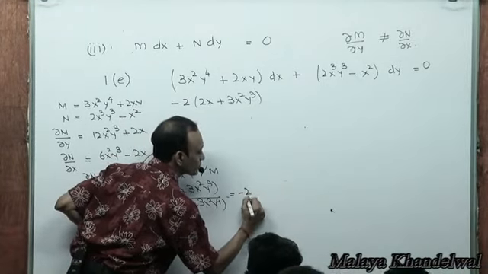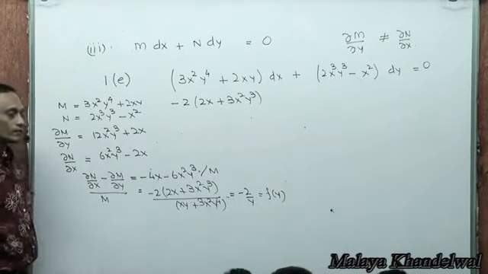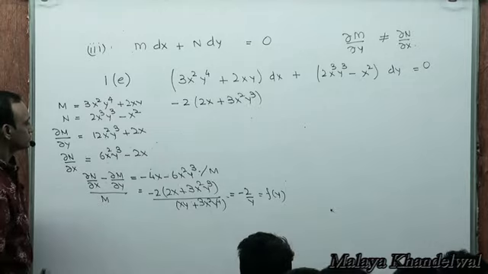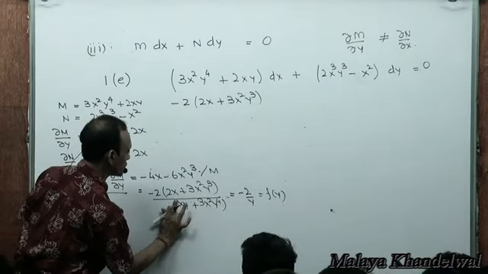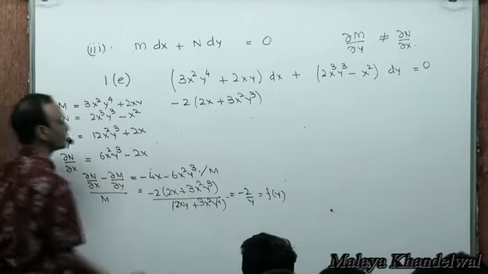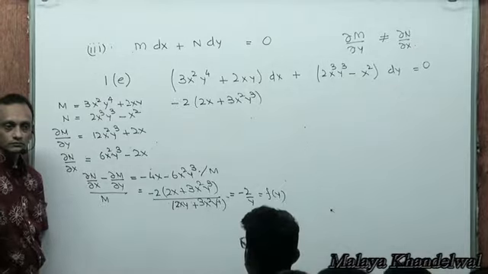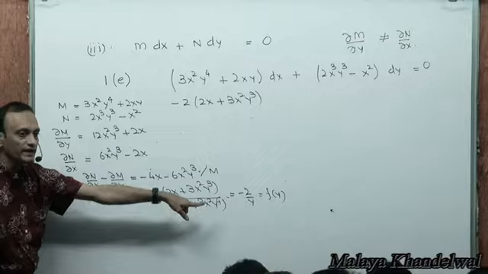Good for us, which is my f(y). Oh, sorry, this 2xy. So this is minus 2 by y.